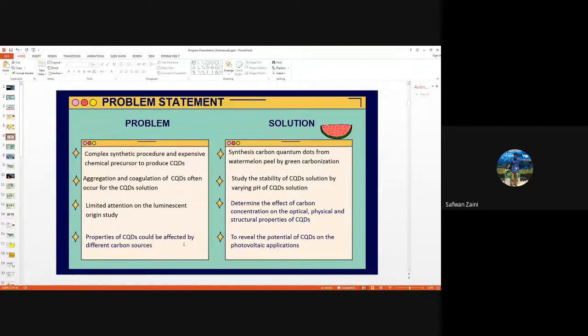Then sometimes, if we disperse CQDs in a solution or solvent, aggregation and coagulation often occur. To curb this issue, we study the stability of CQD by varying the pH of the CQD solution, and study the effect of carbon concentration on the luminescence of CQD.